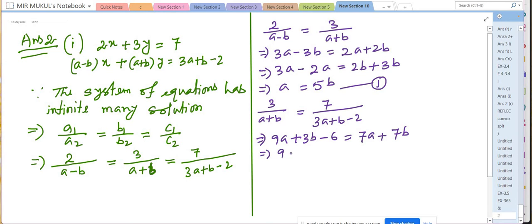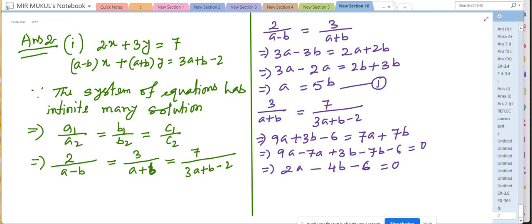So 9a minus 7a, bringing this side, minus 7a plus 3b minus 7b minus 6 equals 0. So we are getting 2a minus 4b minus 6 equals 0.